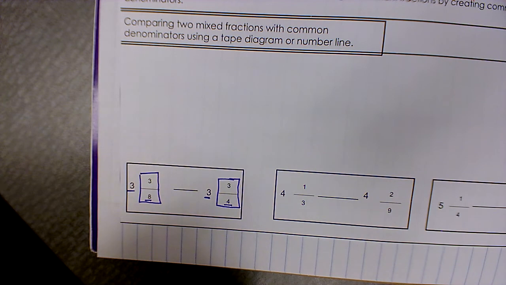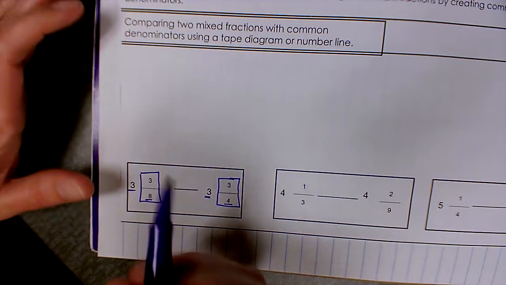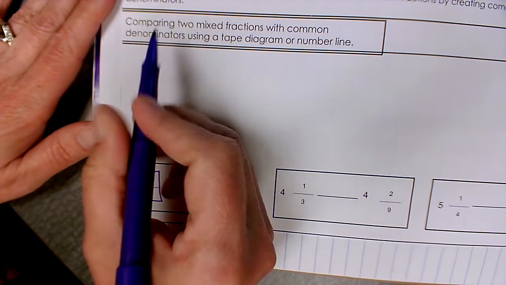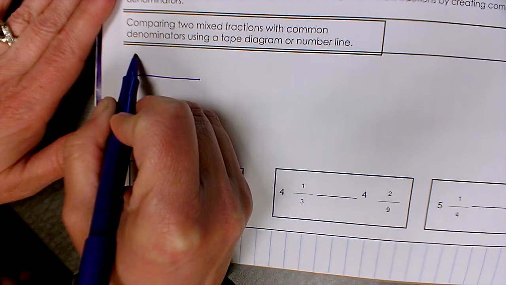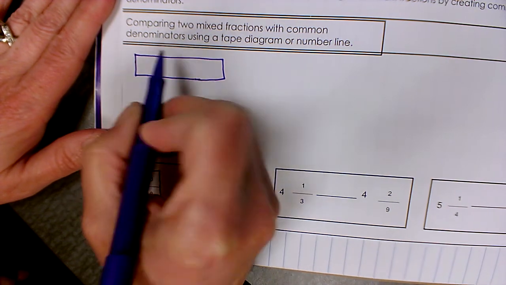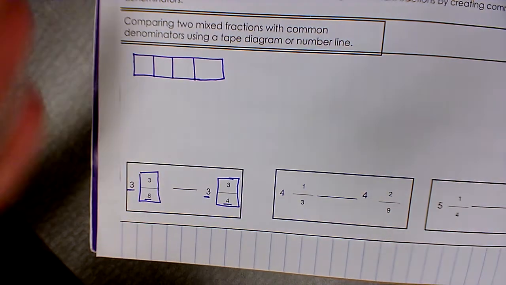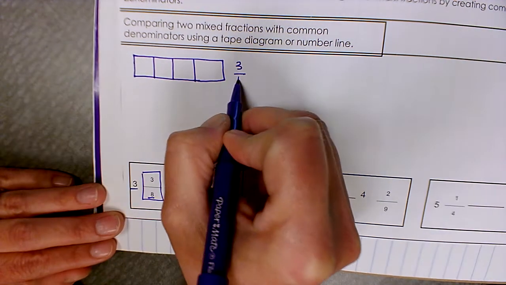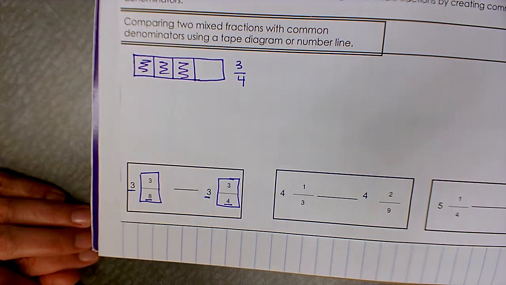I'm going to draw a tape diagram to represent both of those numbers, to show me an equivalent fraction. So I have 3/8 and 3/4. If I draw 3/4, I should have 4 parts. So 1, 2, 3, 4, correct? There's my 3/4, and I would color in 3. 1, 2, 3.